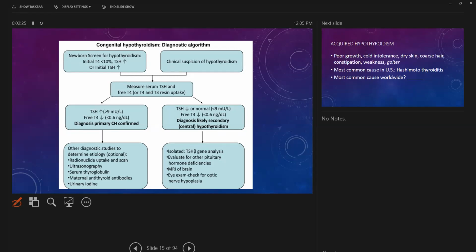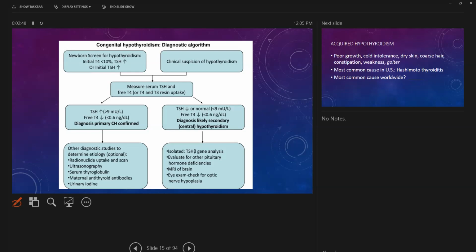If the TSH is elevated and the free T4 is decreased, we can confirm that this is a congenital hypothyroidism. If the TSH is low or normal and the free T4 is low, then we can diagnose them with likely central hypothyroidism.